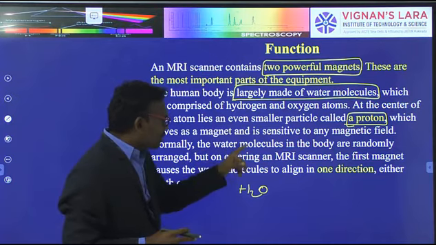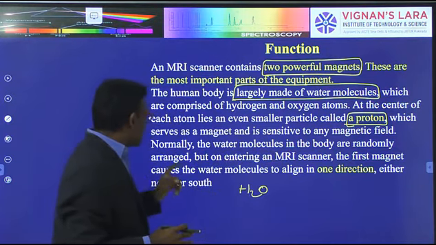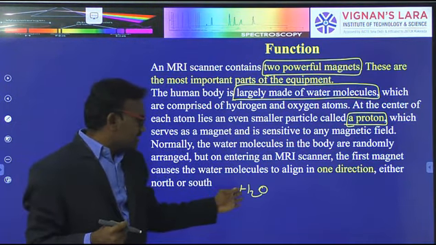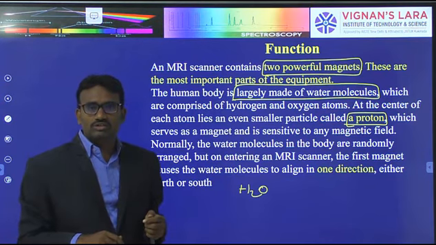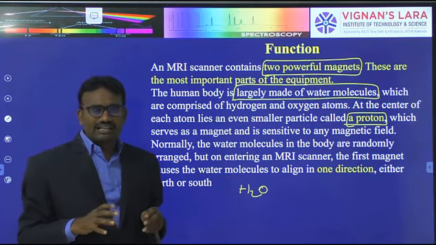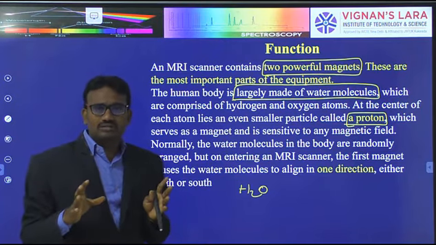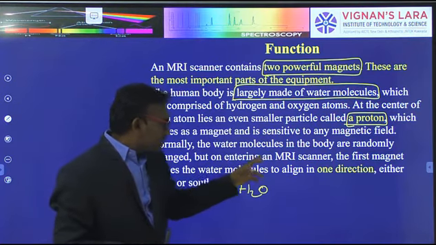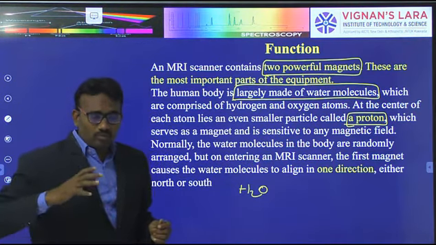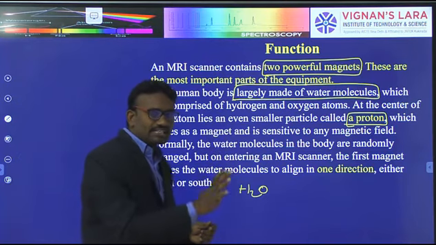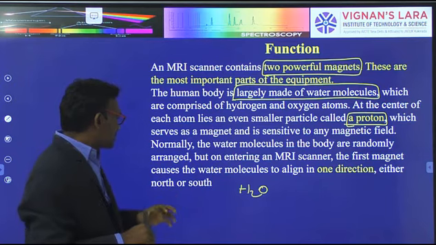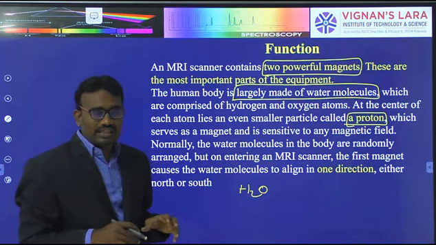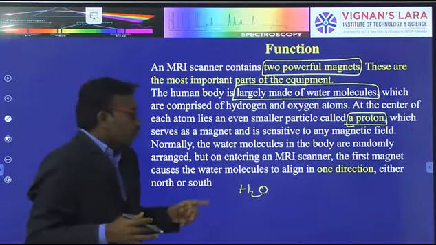Normally, the water molecules in the body are randomly arranged, not orderly. But when our body is pushed into the MRI scanner, the first magnet causes the water molecules to align in one direction.